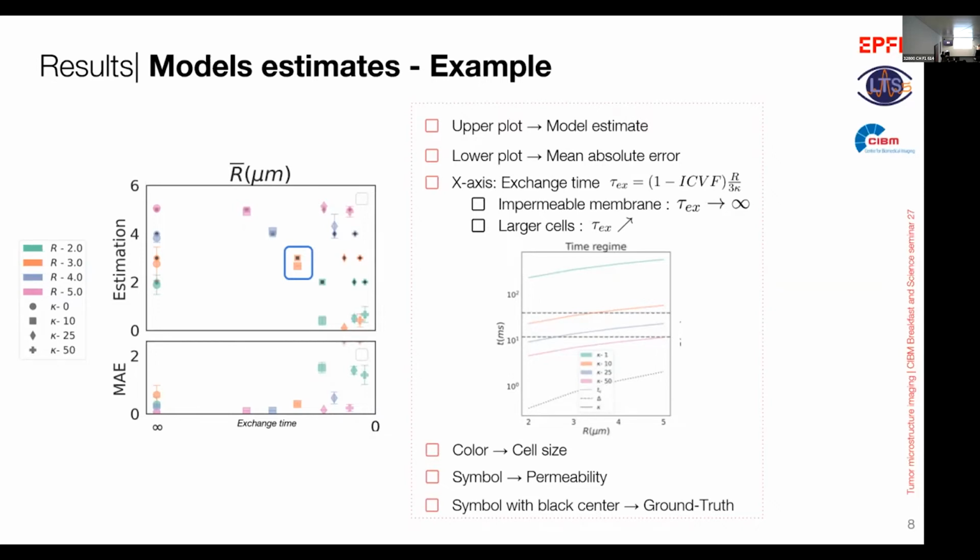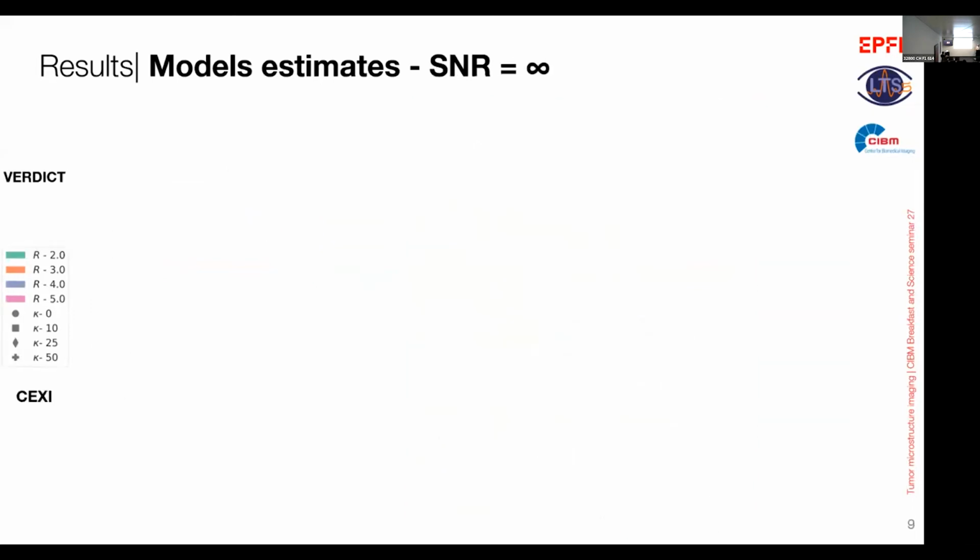One is the model estimates, for example, this one, and then you have the same symbol with the black center, which represents the ground truth values. So basically, you have 2 times 16 points on the top, and the corresponding point on the bottom is the difference between these 2 points. So very simple in the end.